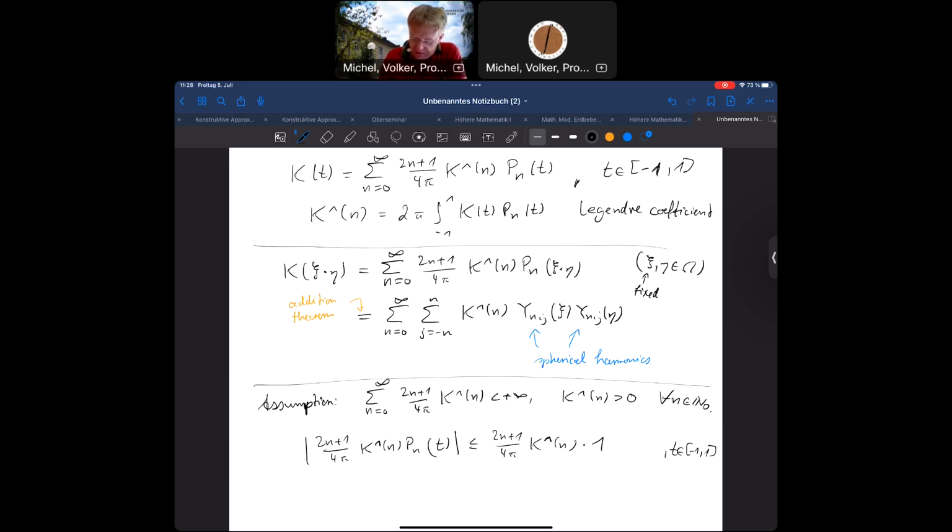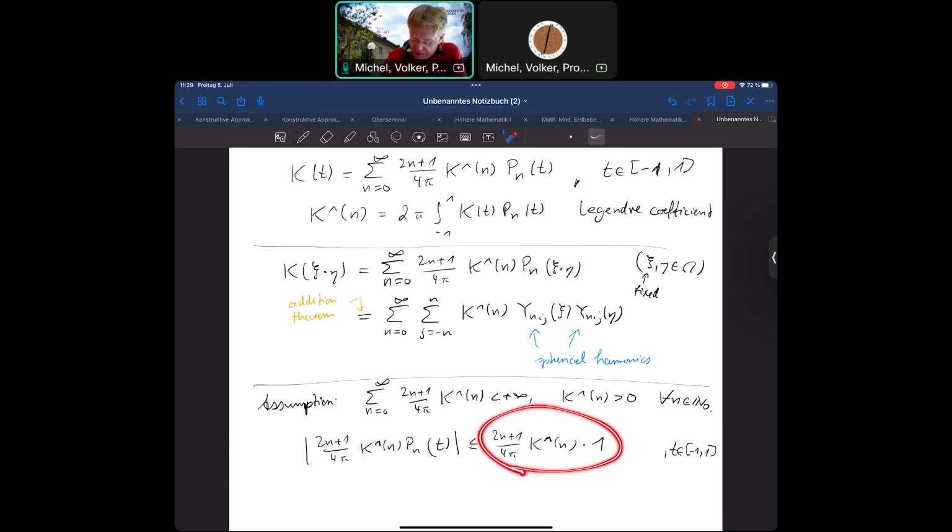Which means that this here is an estimate from above of the summands in that series.